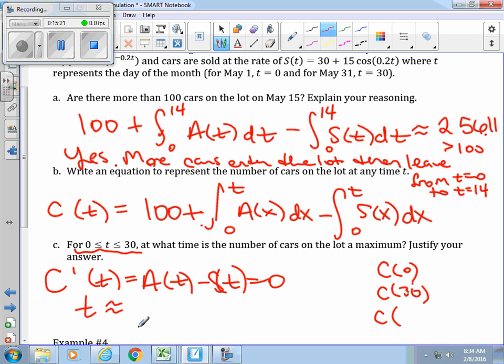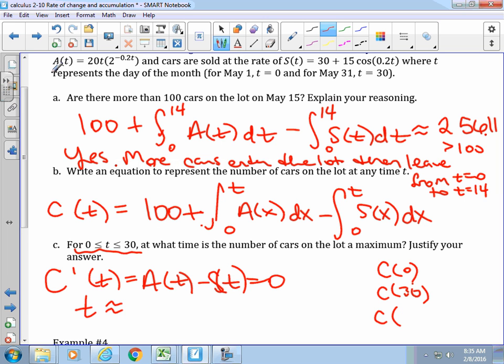Have we gotten this yet? Make sure your calculator is in radians since we are doing cosine. So if there's more than one intersection, we want all the ones from 0 to 30.